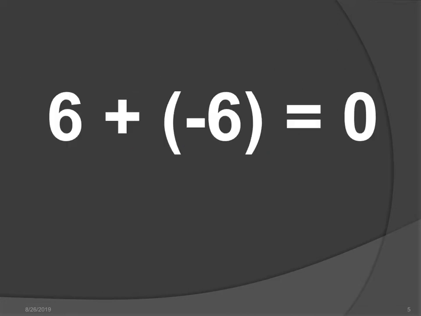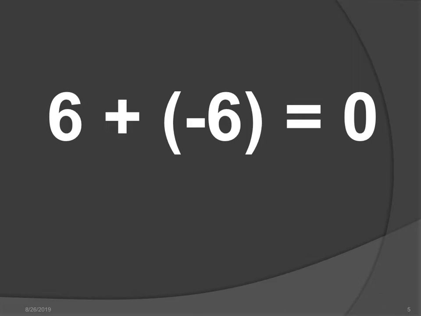All right, the next one here, these are the ones where you've got to truly understand what's happening. Well, you had a 6, and then what happened to it? You added a negative 6. Well, what is that property that gets it back to where it started? It undoes it. Somebody, which I is it? There's 2 options.